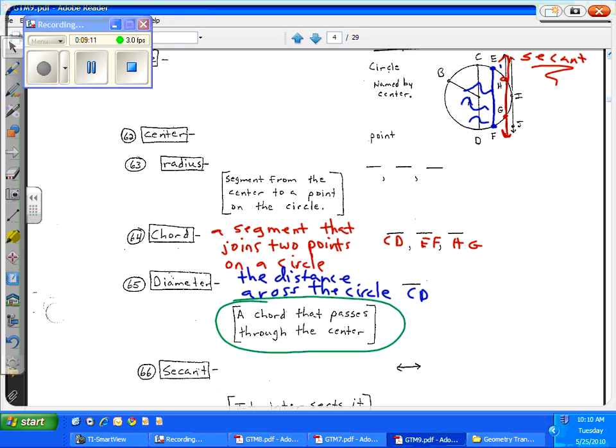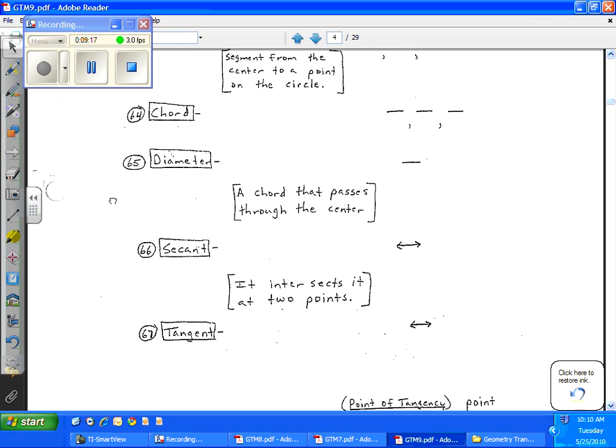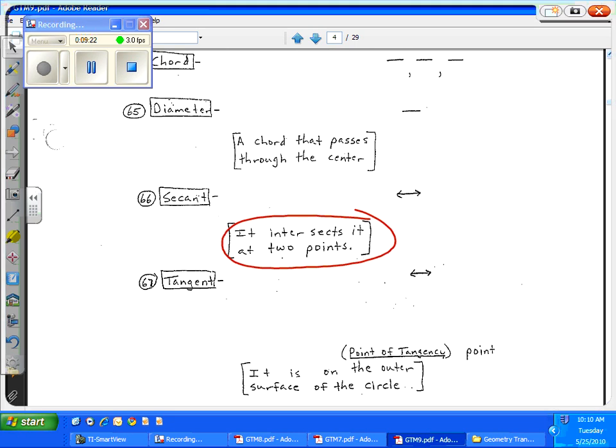So a secant is a line that intersects a circle in 2 points, or a line that passes through the circle.